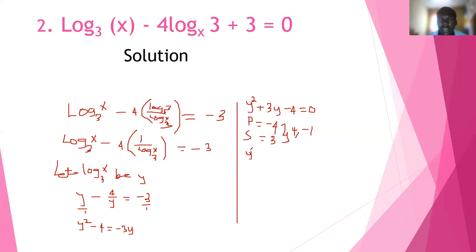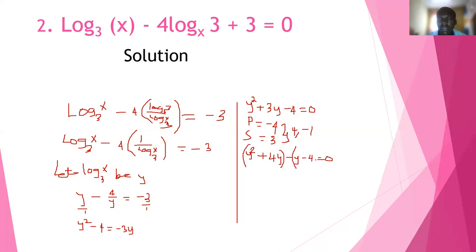Therefore, we'll have y squared plus 4y minus y minus 4 is equals to 0. Now let's factorize this one.